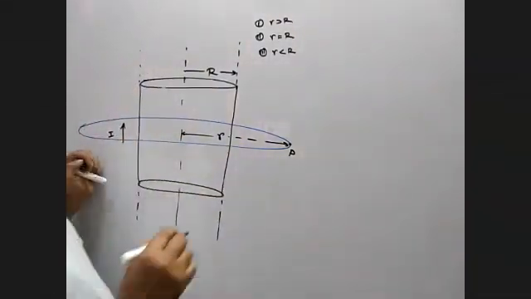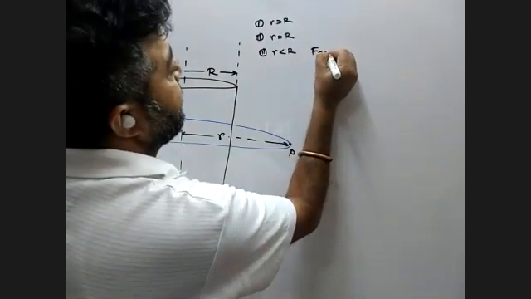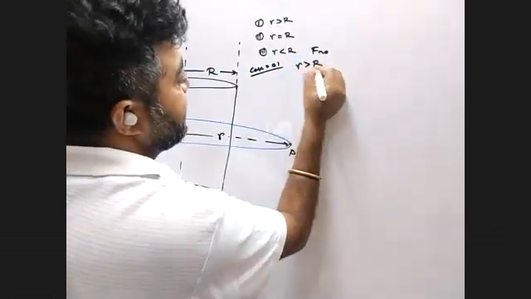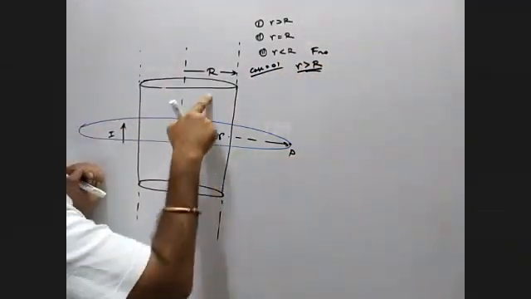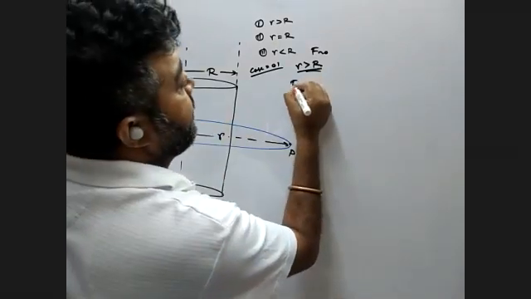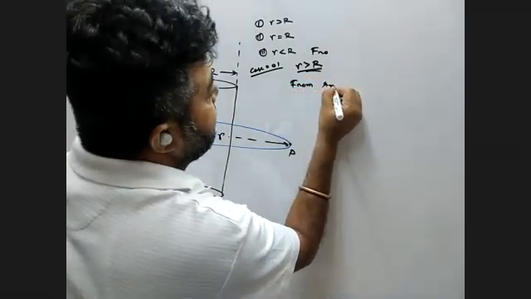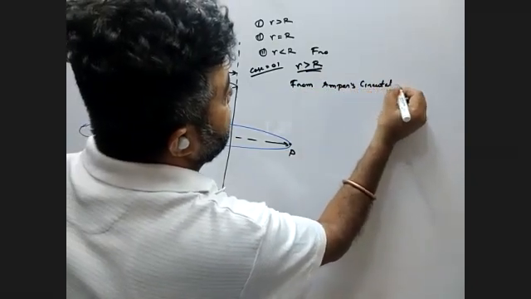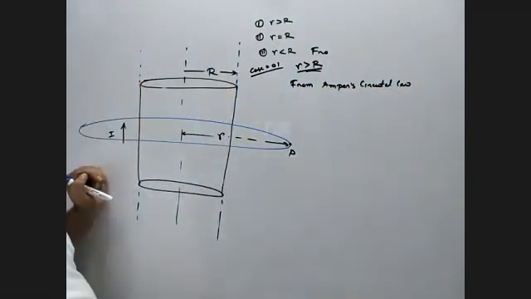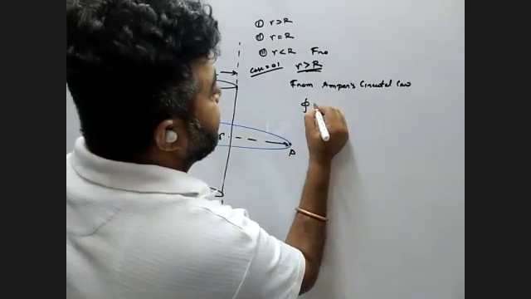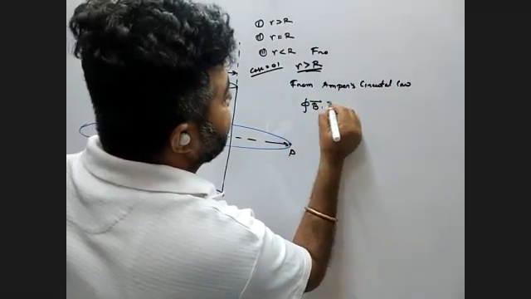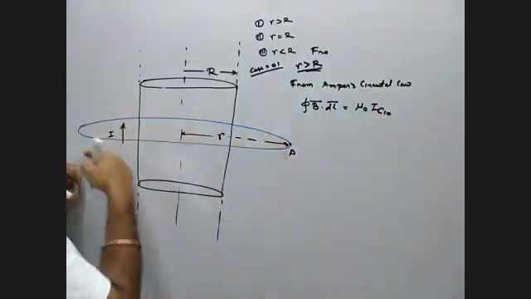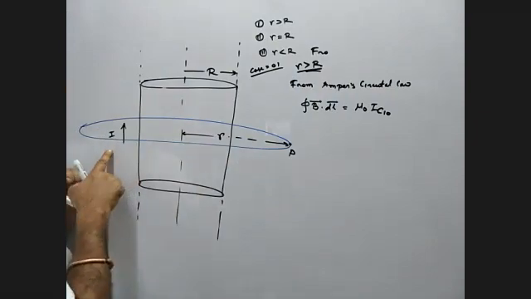Okay. So from Ampere circuital law, case one, small r greater than capital R, outside. So we can say from Ampere circuital law, B dot dl equals mu naught I enclosed. How much current flows through this loop? I amount of current.